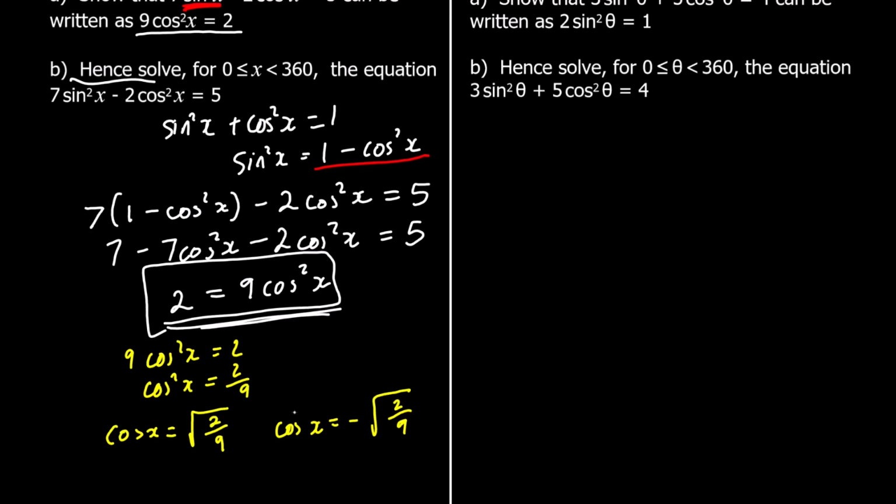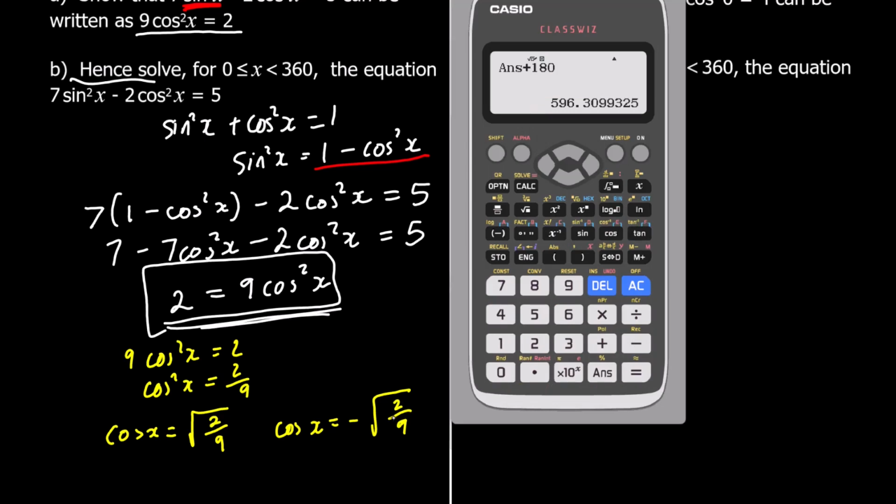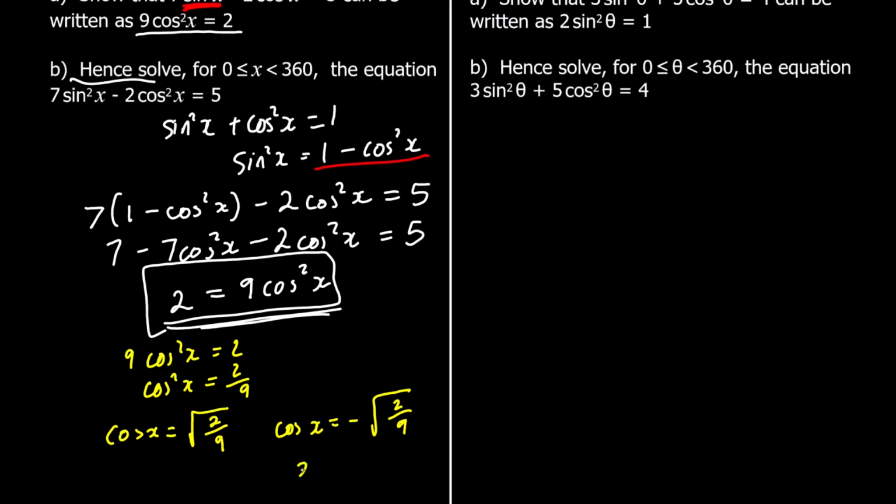So we're going to split this into two different questions. So we're going to shift cos the negative square root of 2/9, which we get at 118.1 degrees.